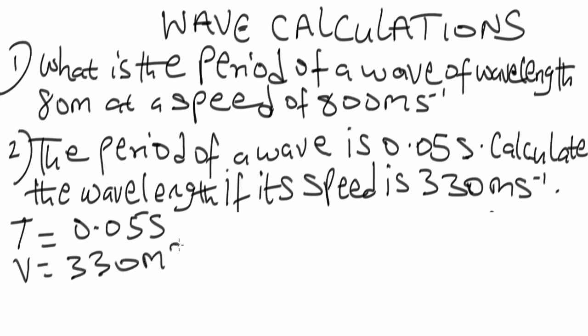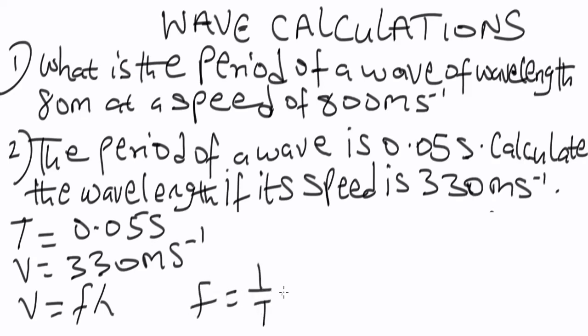So we're going to work with this relationship, V equals F times wavelength, which is our lambda. Now we don't have frequency, and in wave motion in physics, frequency can be calculated as the inverse of time. So to get the frequency, it will be the inverse of the time, which here is 0.05.